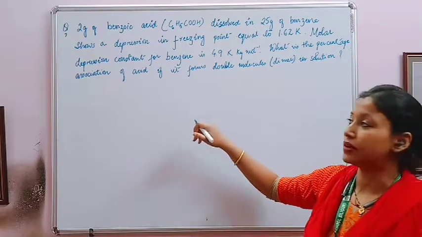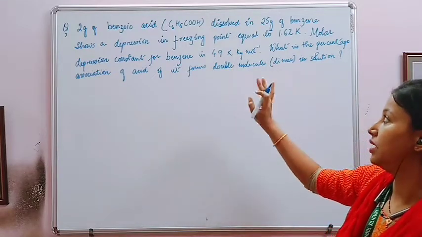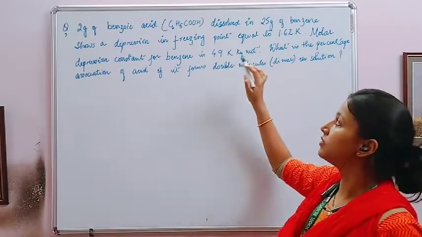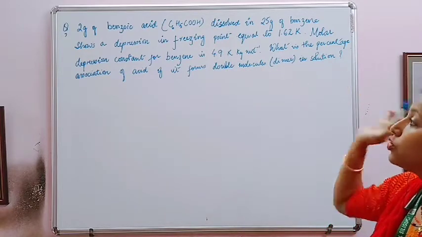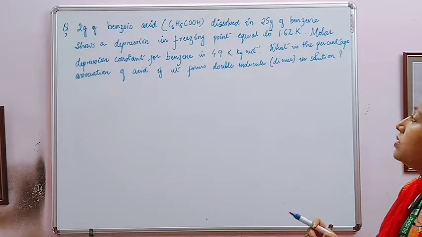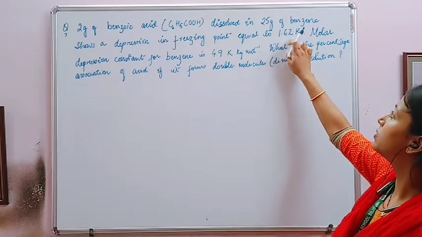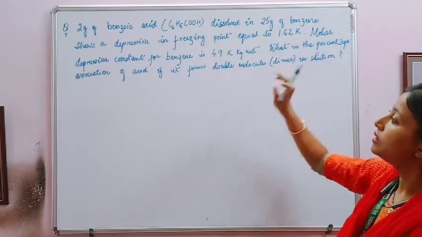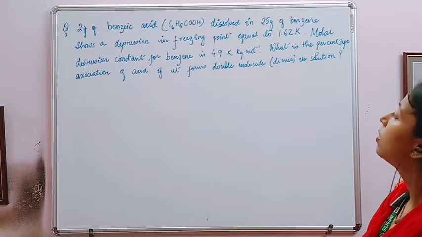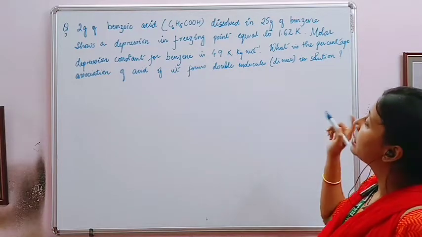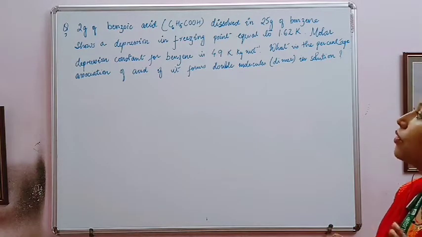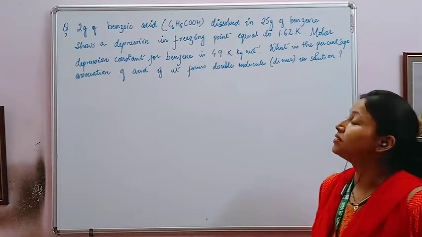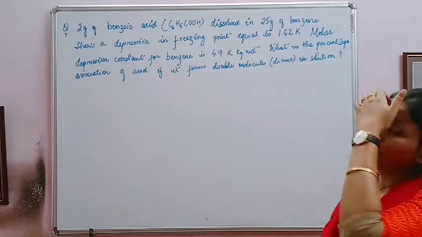Let's read the question. 2 grams of benzoic acid, whose formula is C6H5COOH, dissolved in 25 grams of benzene, shows a depression in freezing point equal to 1.62 Kelvin. Molar depression constant for benzene is 4.9 Kelvin kg per mole. What is the percentage association of the acid if it forms double molecules, that is dimer, in solution?